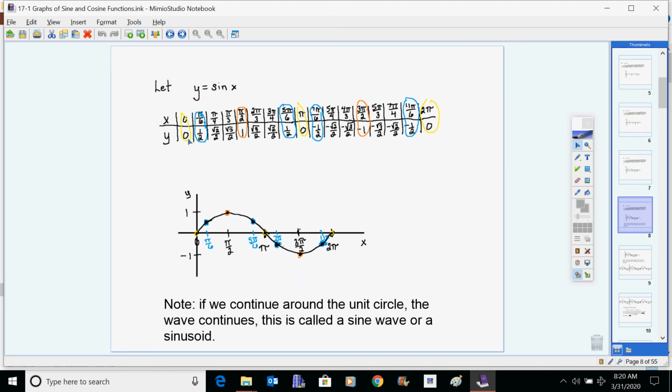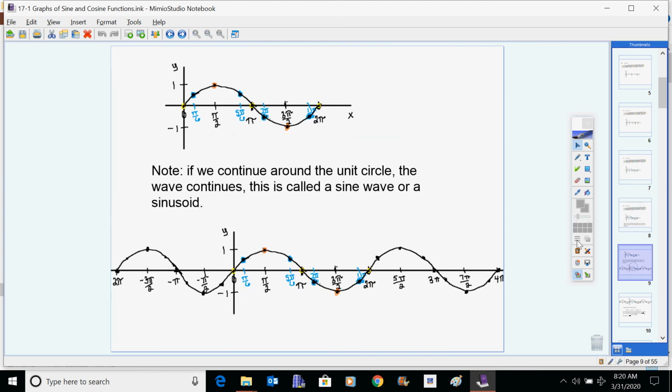As you go around again, every single one of these values is going to repeat as you go another pi over 2, and another pi, and on and on. 5 pi over 2 is another half beyond, so we get this point repeated. 3 pi is just around the circle one complete time from pi, so that repeats. So the whole thing repeats, and it repeats on the negative side too if you were going backwards.